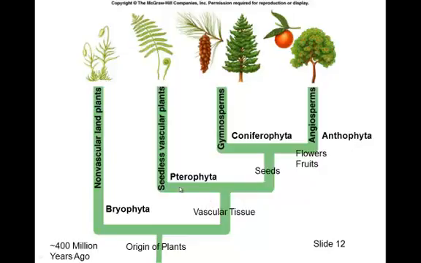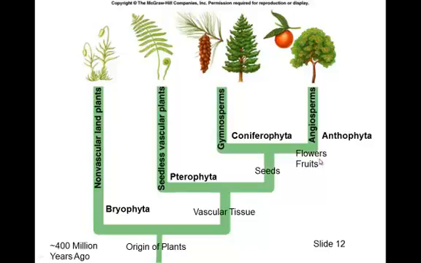And we have the seedless vascular plants, which are in phylum Pterophyta, the ferns. And then we had the evolution of seeds. And so there are two groups of plants which are seed plants, the gymnosperms and the angiosperms. The gymnosperms include a number of phyla. We're going to learn phylum Coniferophyta, the conifers, the cone-bearing plants, as a representative of the gymnosperms.